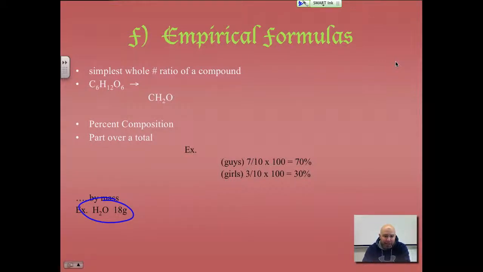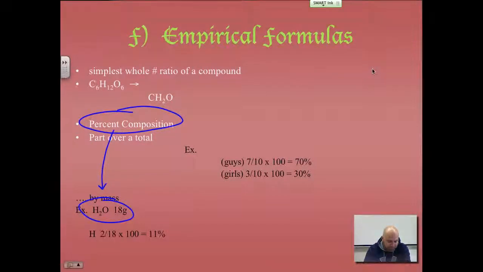The percent composition by mass of that H and O is this. Notice the mass of the H's is 2. The mass of the O's is 16. That's how I would get my 18. And so I just take the part, the 2, over the total, 18, multiply by 100, I get my 11%.